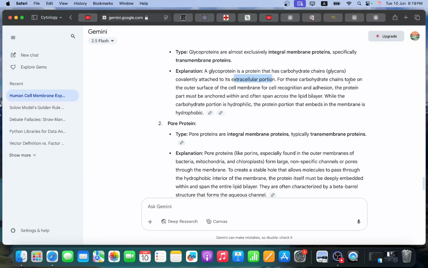For these carbohydrate chains to be on the outer surface of the cell membrane, for cell recognition and adhesion, the protein part must be anchored within and often span across the lipid bilayer, while the carbohydrate portion is hydrophilic. The protein portion that embeds in the membrane is hydrophobic. So the protein part that sets its tooth within the lipid bilayer is hydrophobic.